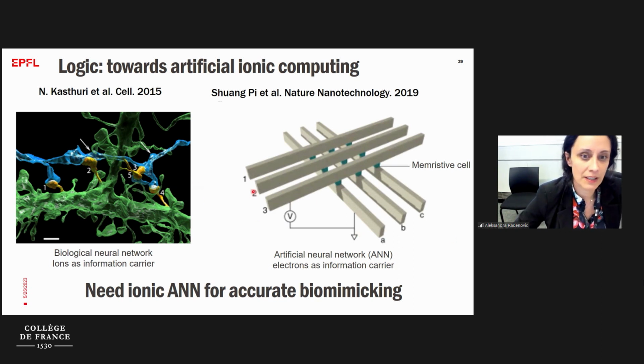So in electronics, we have the memristor, which is a passive two-terminal element with a programmable conductivity that depends on its previous history. So memristors can be, as we have seen, an artificial equivalent of biological synapses, and they can therefore store information. In the field of artificial neural networks, the typical systems use electrons as information carriers, and in biology, we have ions as information carriers.